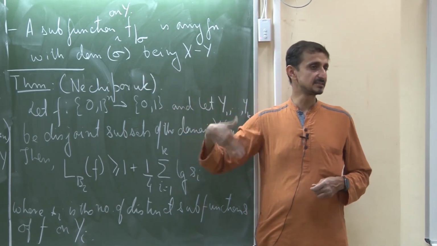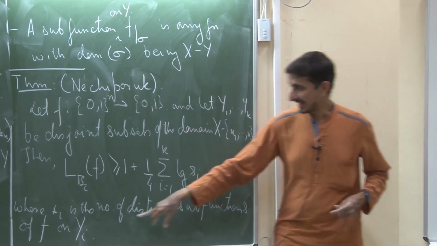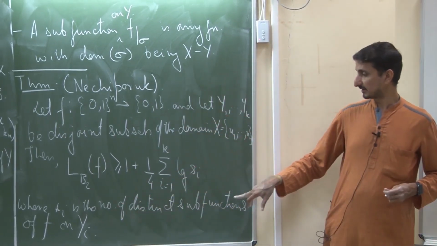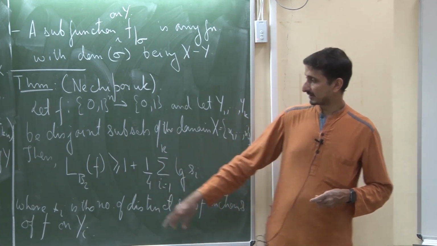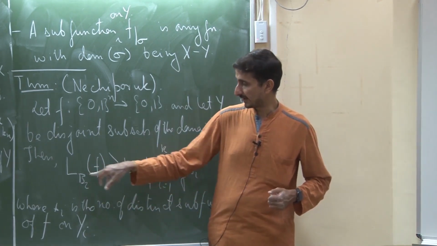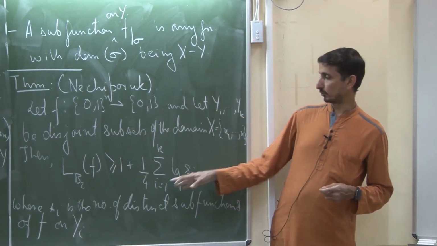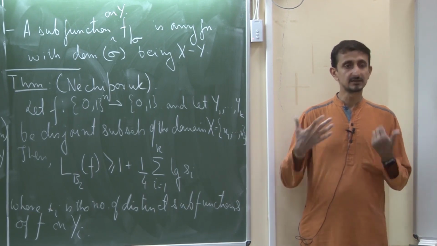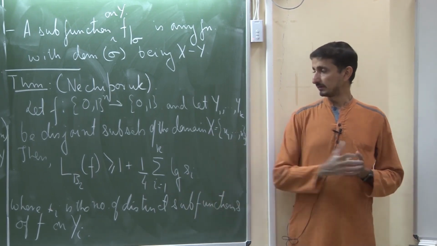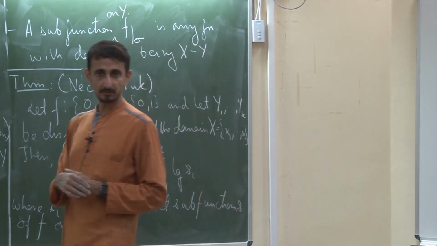So, for various different sigmas, I will have various different subfunctions, and Si is the total number of distinct subfunctions of f on Yi. Then what we are saying is that the lower bound of f over the basis B2 is 1 plus 1/4 of log of Si. Okay. So, as the number of subfunctions keeps growing, the lower bound will increase.